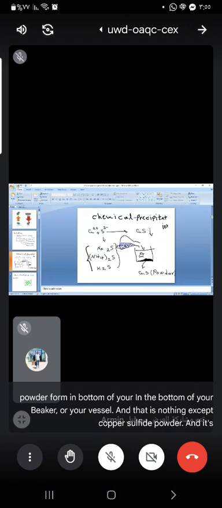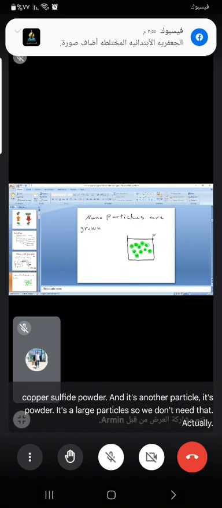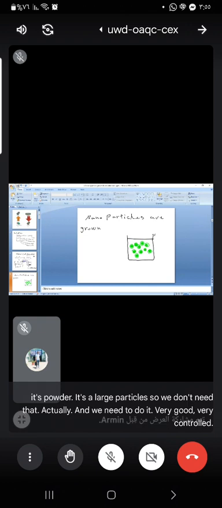It's not nanoparticles; it's powder. It's large particles. So we don't need that, and we need to do it in a very controlled way.